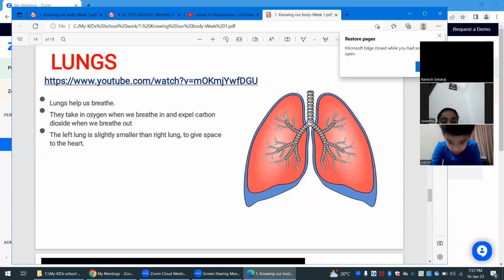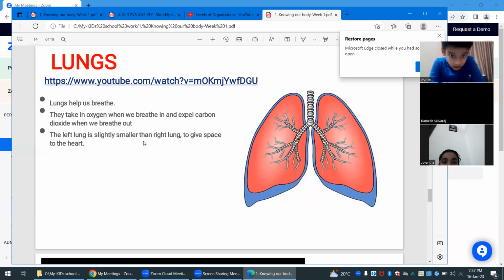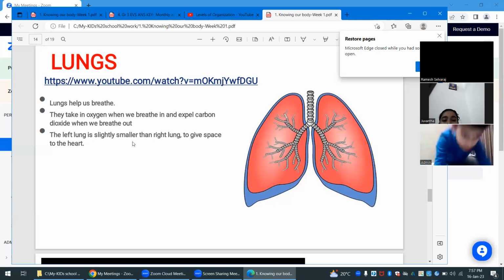And one more thing, this is a very important thing. I remember this one from last time also. The left lung is slightly smaller than the right lung. You know why? To give space to the heart. The heart is on your left side. That heart is pumping blood to all the parts of our organs. If it is not pumping the blood, then the blood will not reach all the other organs and they will die.